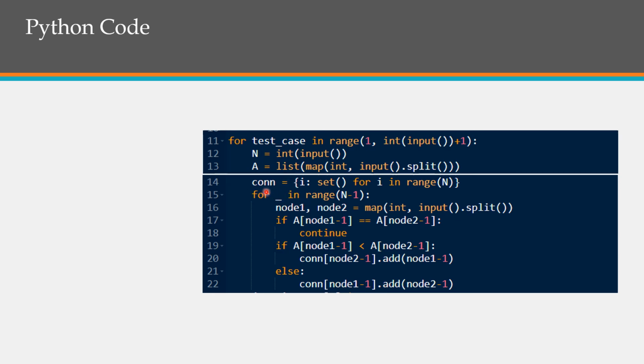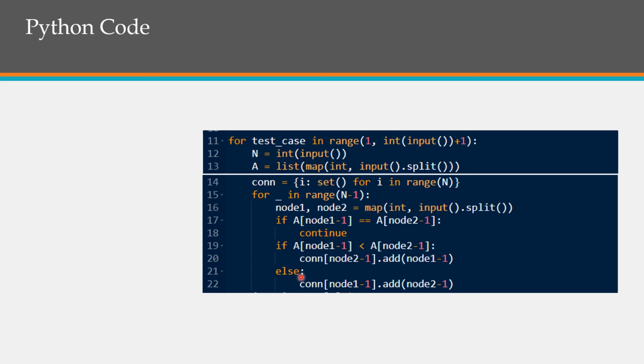And same thing, if node 1 capacity is greater than node 2, then in the else part add node 2 to node 1, okay. I hope this is clear, and I'm using minus 1 because I'm using a list.